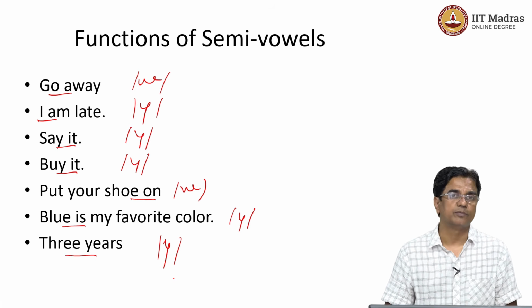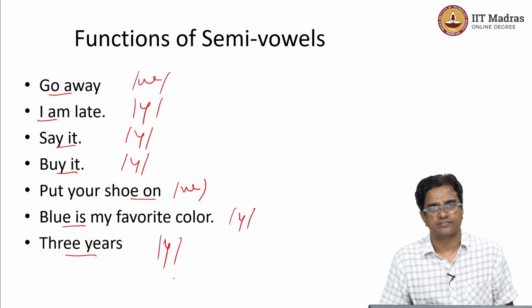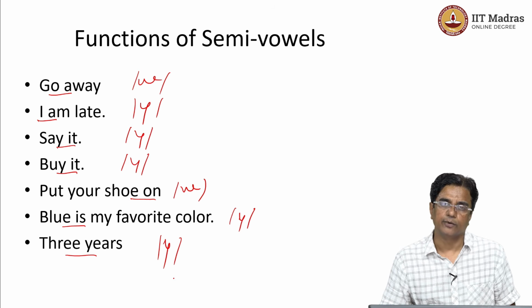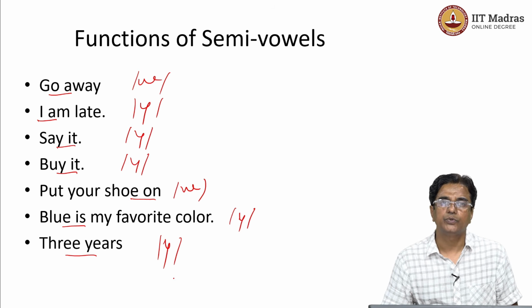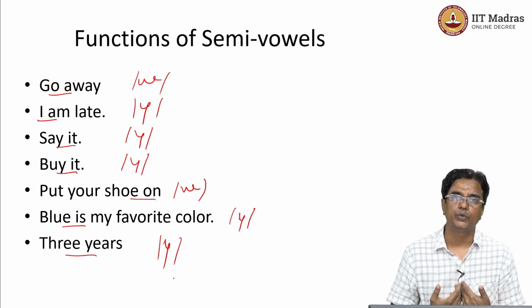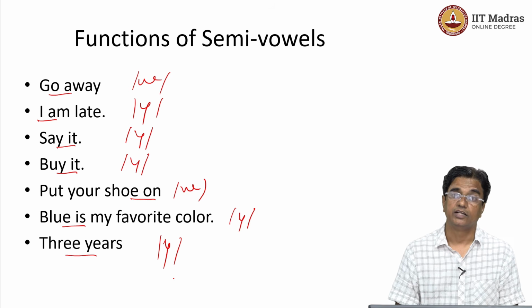This is one of the most important functions of semi-vowels. This happens in other languages as well, but here we are specifically discussing some examples of English. Now again, we did some examples, and I recommend you look at some more words, phrases, and sentences, and pay attention to that.